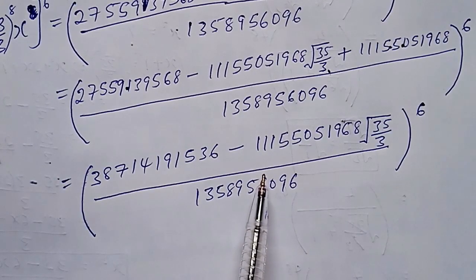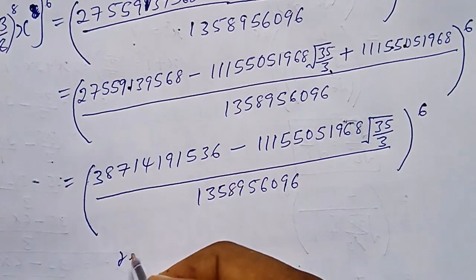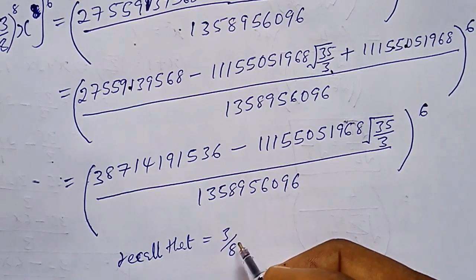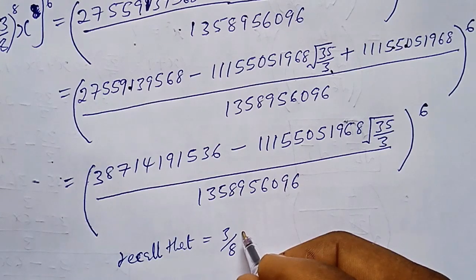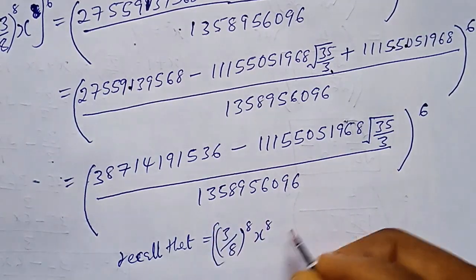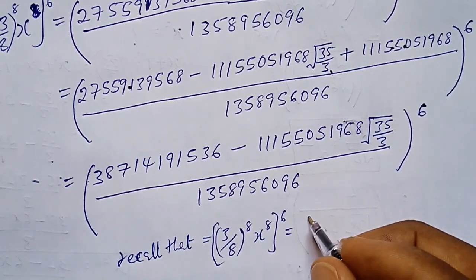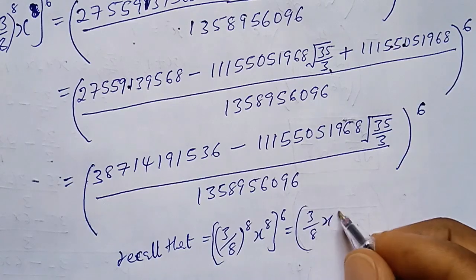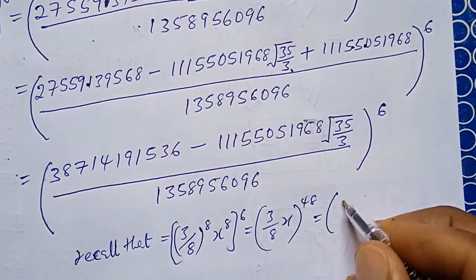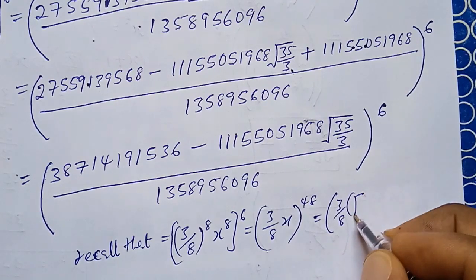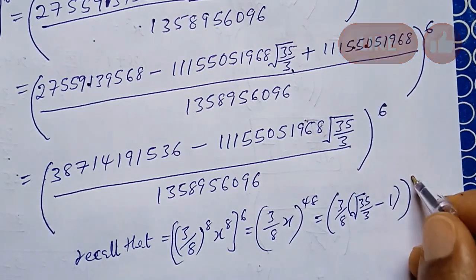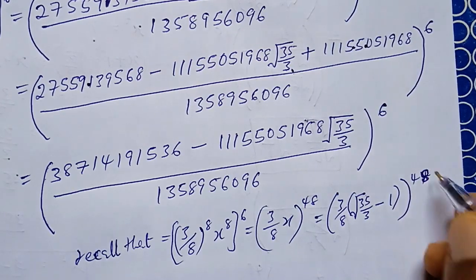Okay, because these are large values, recall that 3 over 8 that we have over here, 3 over 8 raised to power 8, multiplied by x raised to power 8, then raised to power 6, is given as 3 over 8 x raised to power 48, and this x is replaced with 3 over 8 into bracket square root of 35 over 3 minus 1 into bracket raised to power 48.